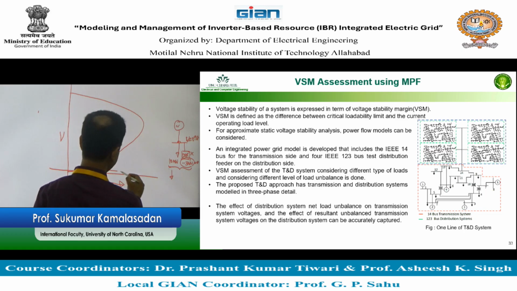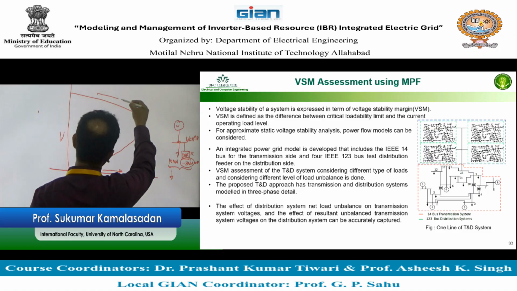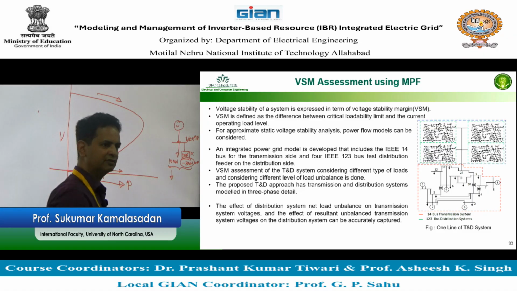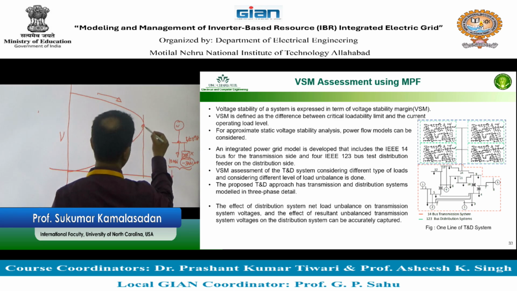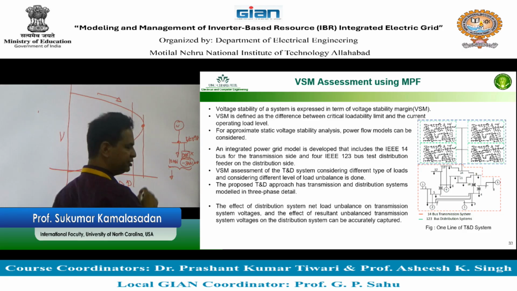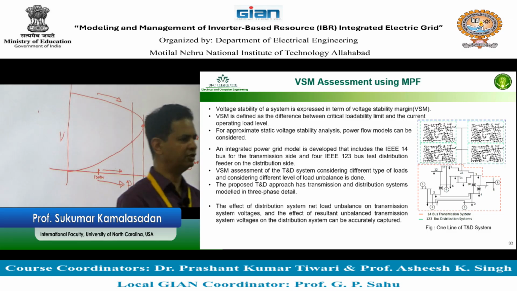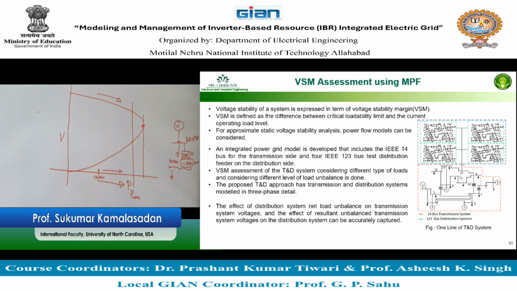When you increase this, voltage starts decreasing, which is the norm, and you get to a point, somewhere here. You can see what point you will reach before the voltage collapse. Simple. This is the fundamental idea of a PV curve.